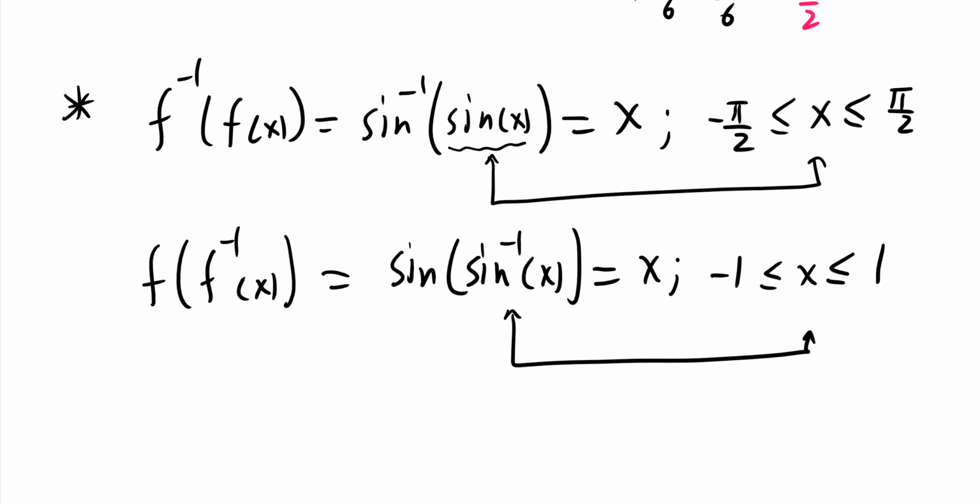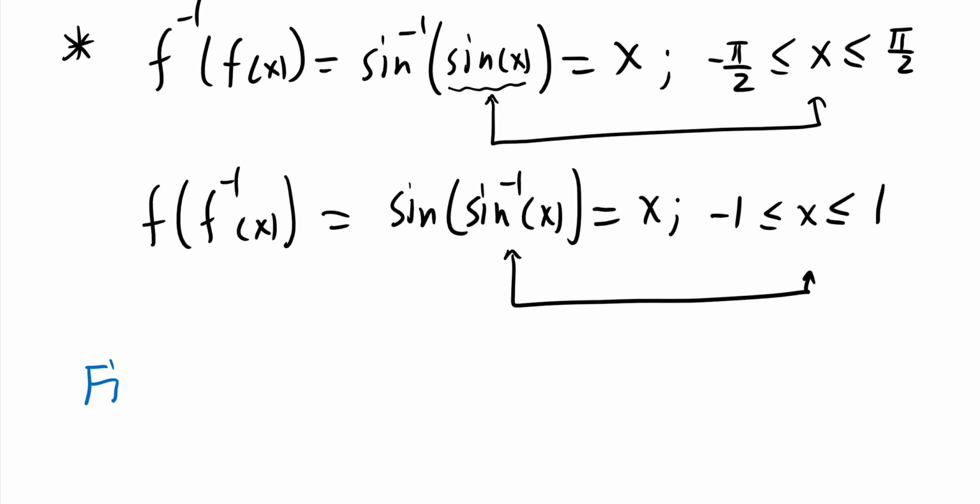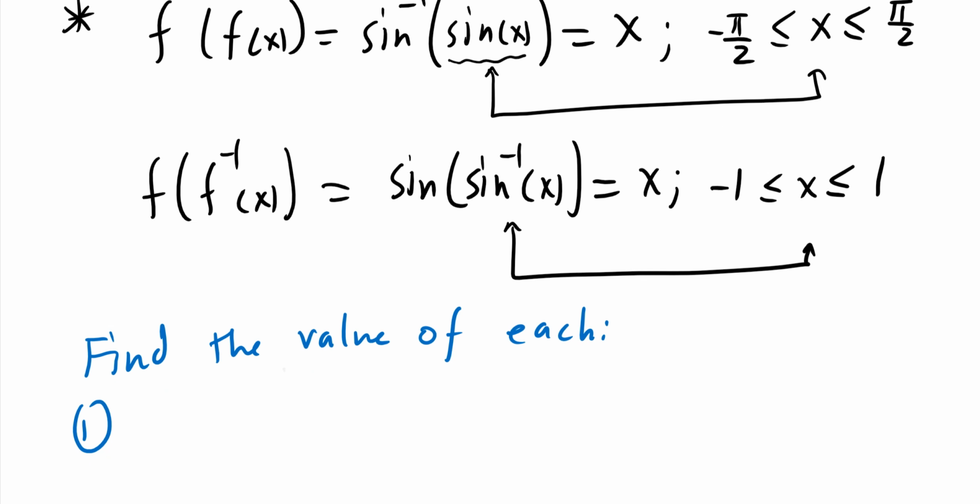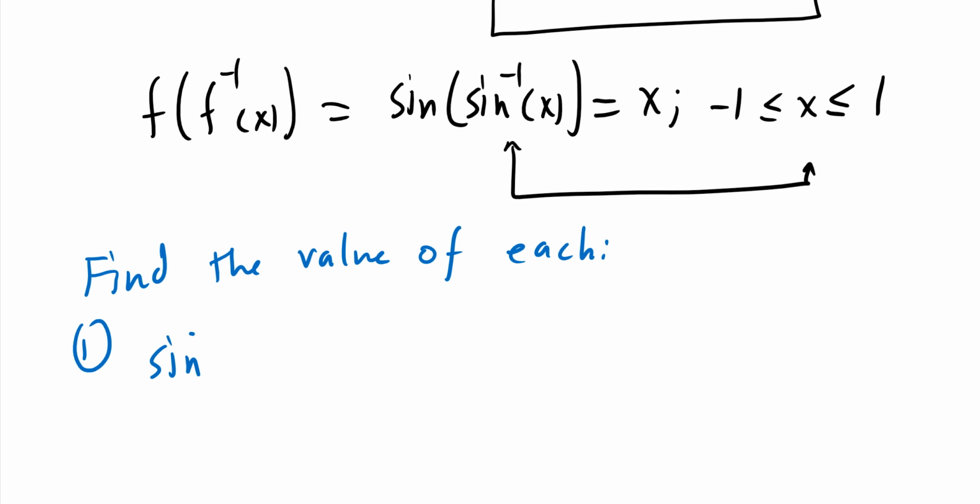So keep in mind that these two things work only if x, for the first one, falls from negative pi over 2 to pi over 2, and for the other one only when x is between negative 1 and 1 inclusive. Let's look at some examples. Find the exact value of each of the following. Let's say sine inverse of sine pi over 16.